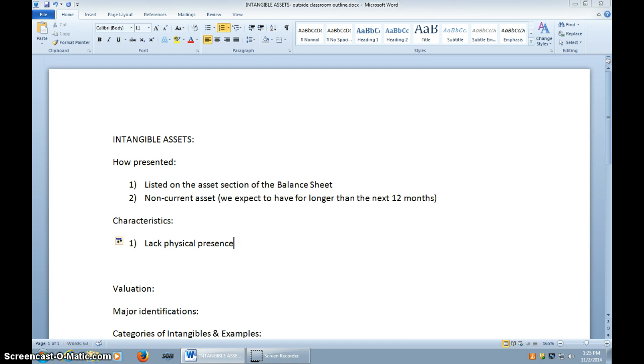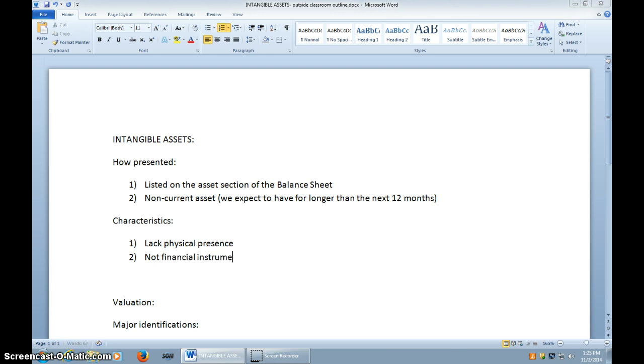So they're not like machinery and equipment and buildings, etc. Number two is they are not financial instruments, meaning they're not cash, they're not investments, they're not accounts receivable, etc.